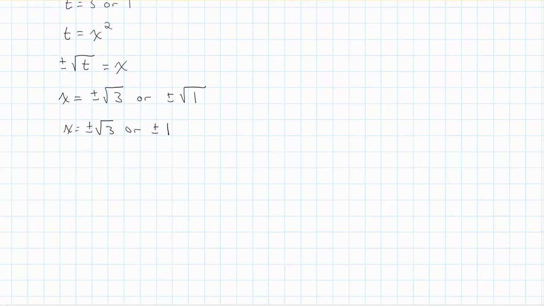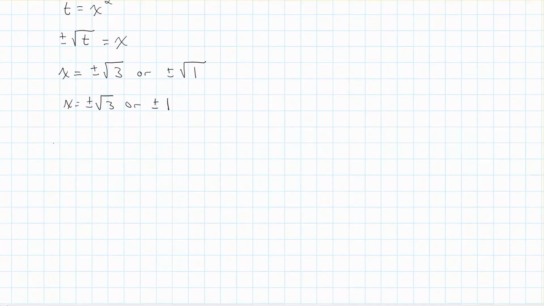So let's look at one more here. This one would be x to the sixth plus 3x cubed plus 2 equals 0. Now this again is another quadratic type, because you have an exponent, half that exponent, and then no exponent. So it's going to be the same idea here, except instead of letting t be x squared, this time we're going to let t be x cubed.